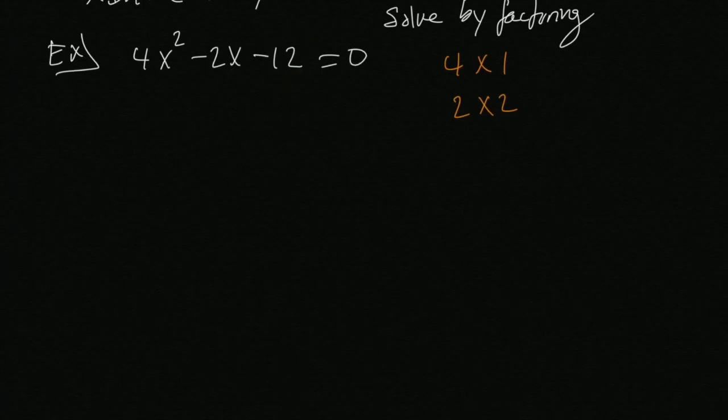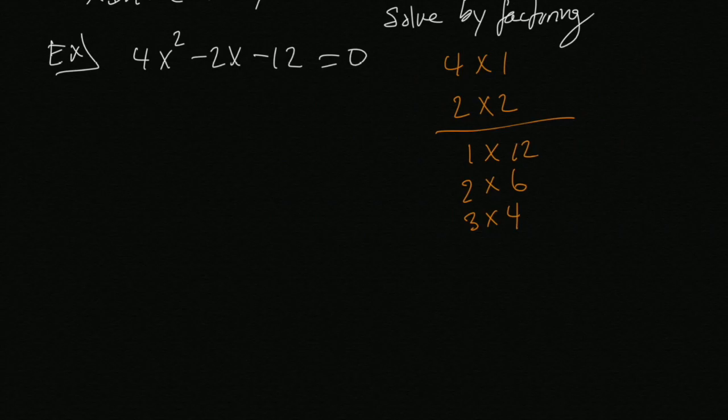And numbers that multiply to give you 12 are 1 and 12, and then 2 and 6, and 3 and 4. And so that's all of them, I think. Yep. And so what we have to do right here is trial and error.